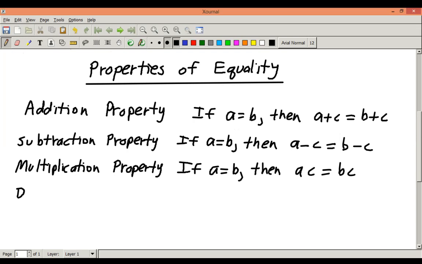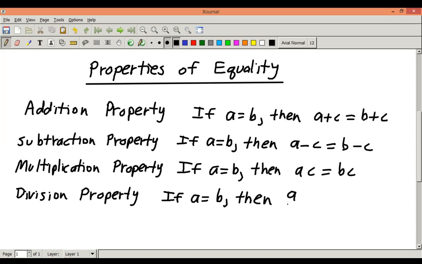We also have the division property. And the division property says if A is equal to B, then A divided by C is equal to B divided by C. So you can divide both sides by the same number.